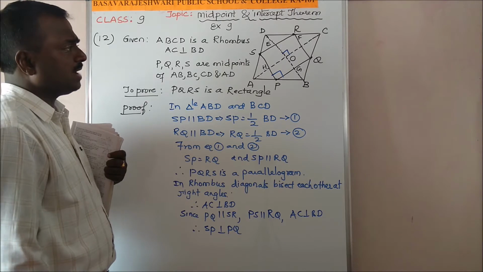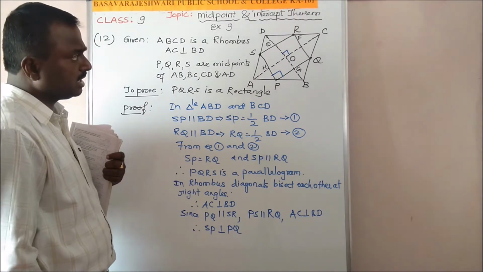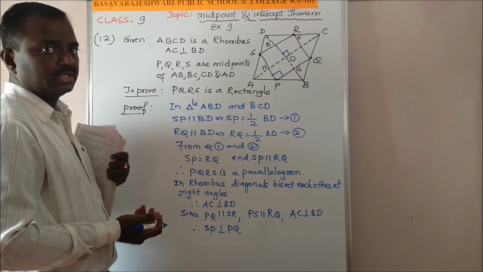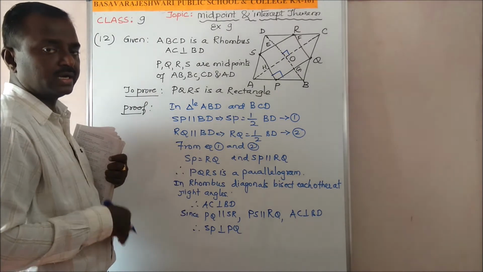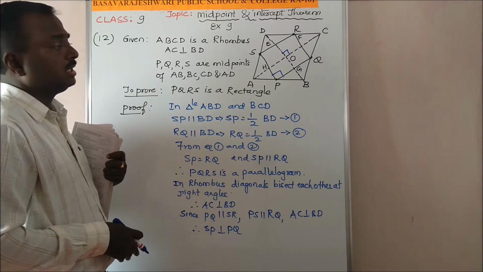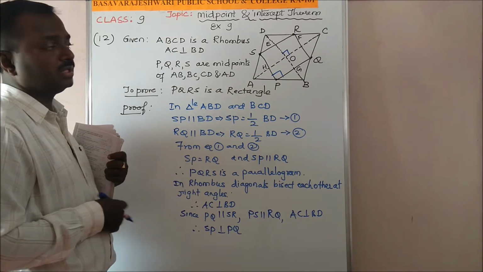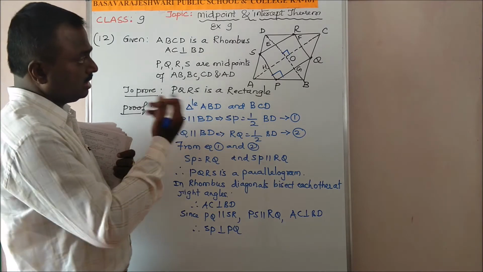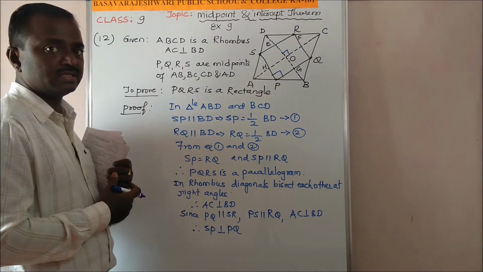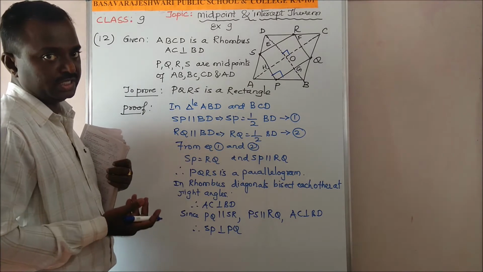Similarly, PQ is parallel to AC, and SR is also parallel to AC. Since they are parallel to the diagonals and the diagonals are perpendicular to each other, the sides of the parallelogram PQRS are also perpendicular to each other.